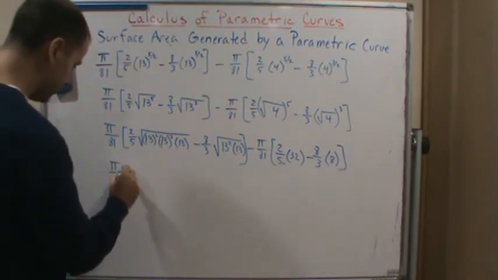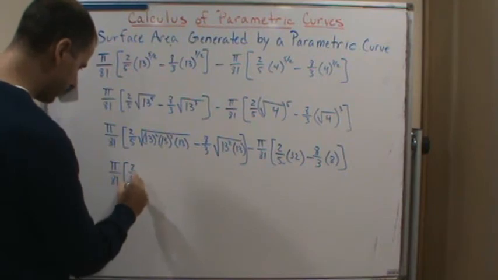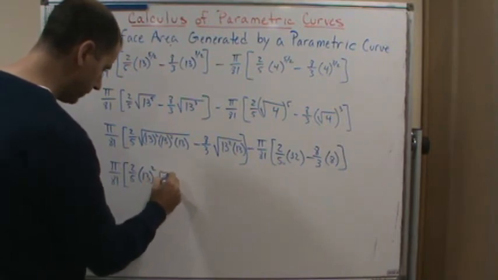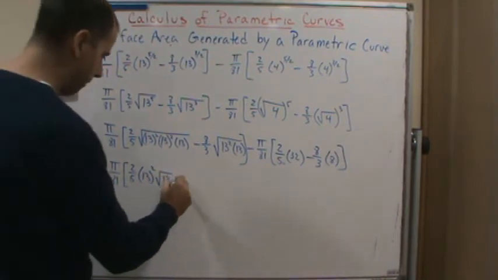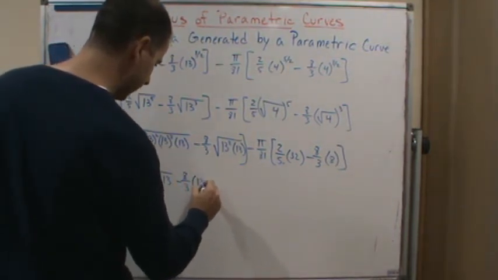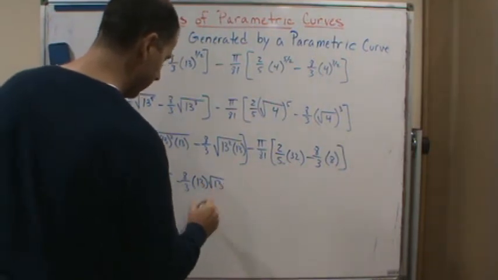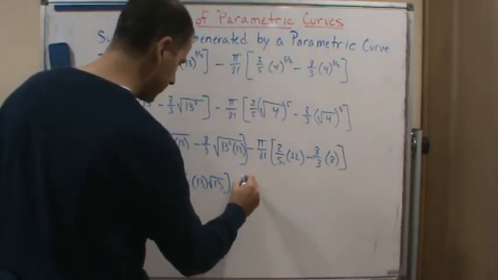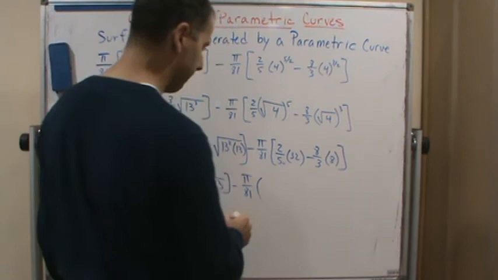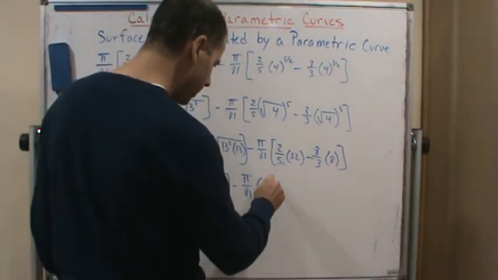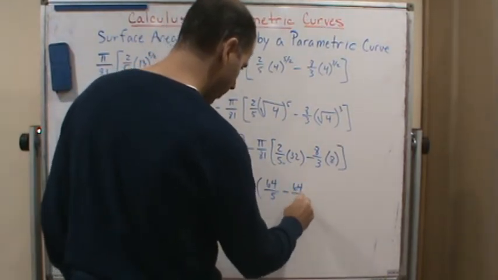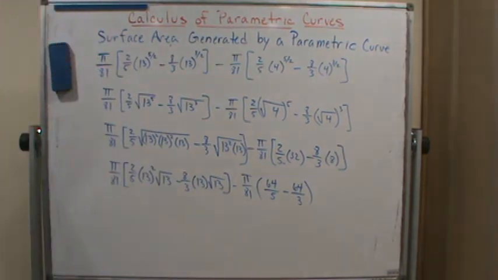So what I'm going to end up getting is 2/5 times 13 squared times the square root of 13, minus 8/3 times 13 times the square root of 13, minus pi over 81 times, now this is just going to become what? This is going to become 64 over 5 minus 64 over 3. Okay?